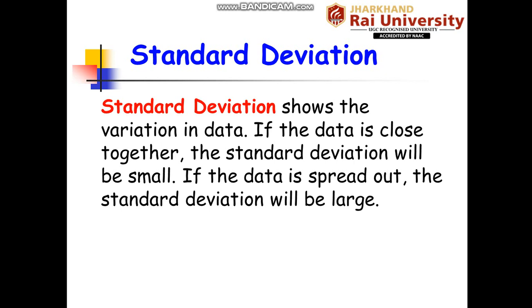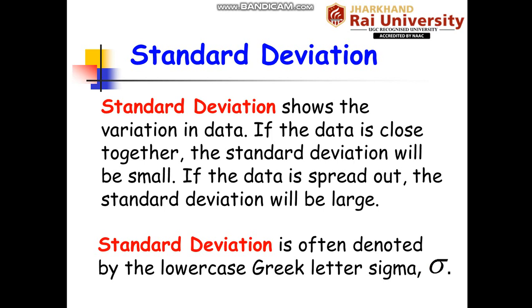So this is spread out data. In the spread out case, the standard deviation will be very large, but in the close together case, the standard deviation will be very small. The standard deviation is often denoted by the lowercase Greek letter sigma.